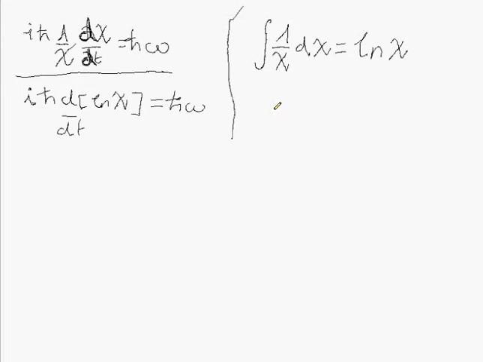So what we can say from that is, if we undo both sides, if we differentiate both sides instead, we'll get 1 over chi d chi is going to be equal to the infinitesimal change in the natural log of chi.